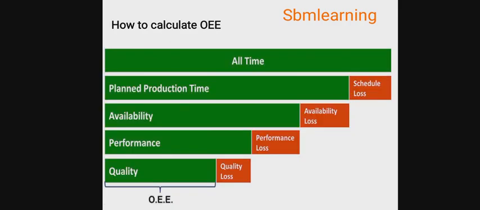Now how to calculate OEE? For example, we have 24 hours. In 24 hours we have PM or no plan. Few organizations calculate changeover as a schedule loss, and few organizations calculate changeover as an availability loss.